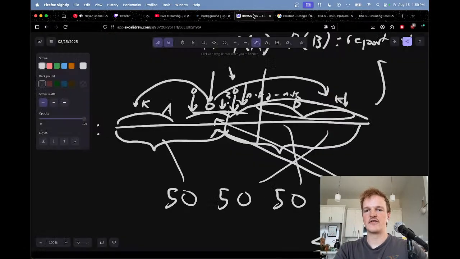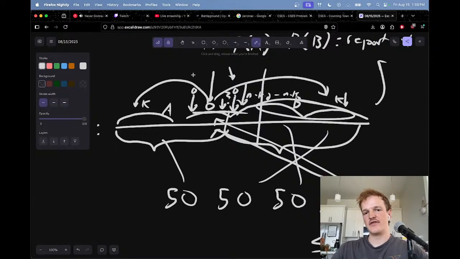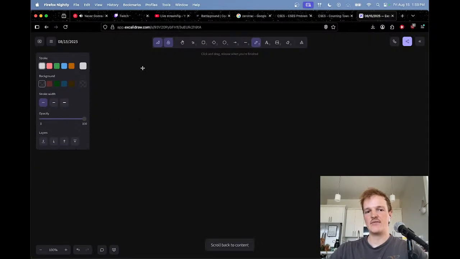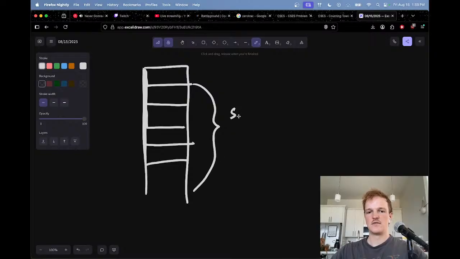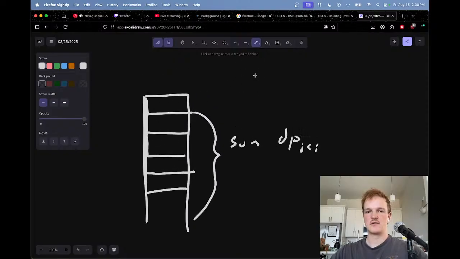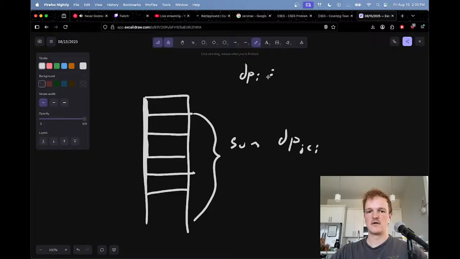So I feel like a central thing for this problem is that every time you're at a certain height, you can kind of do one of two things. You can either place a block that can be any length, and then you're basically saying the sum for dp at j is less than i, dp at i.